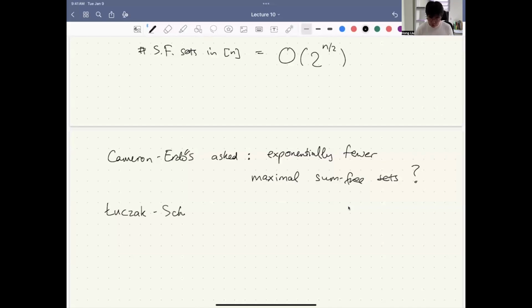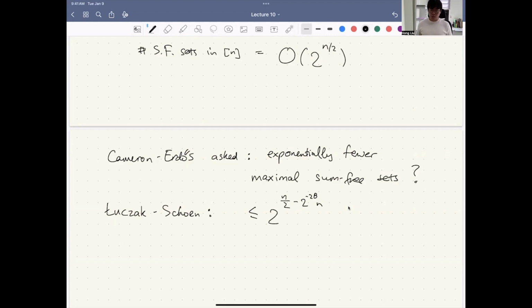Wojciech and Schoen prove that this number is at most 2 to the n over 2 minus some constant. This constant is so small, 2 to the negative 28 times n, a very, very tiny constant.